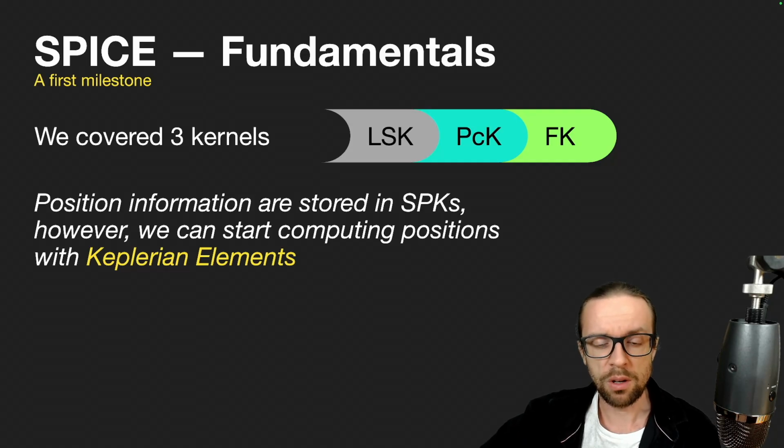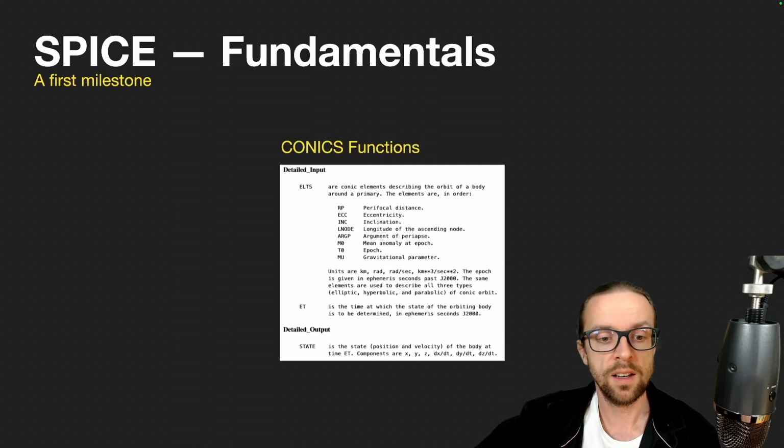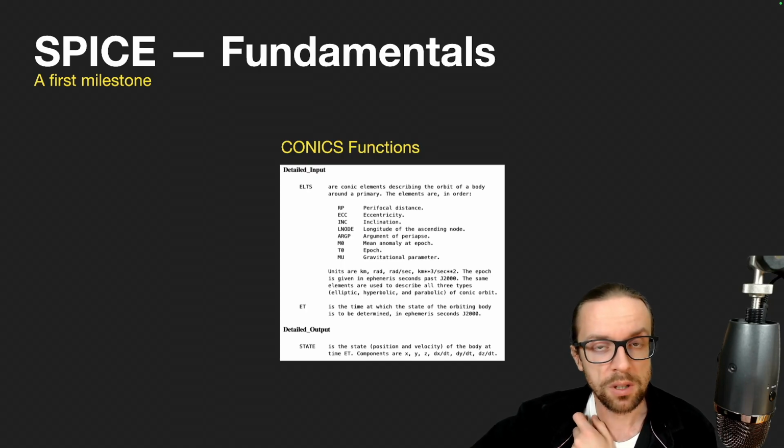SPICE doesn't work at all without time. Well, it does, but not for the geometric stuff. We need a reference frame on the very right, and in the center we also need, for example, the mass of the sun or the gravitational constant. That way, we can take orbital elements and compute the so-called state vector, so x, y, z, and the corresponding velocities, or take the state vector and compute the orbital elements.